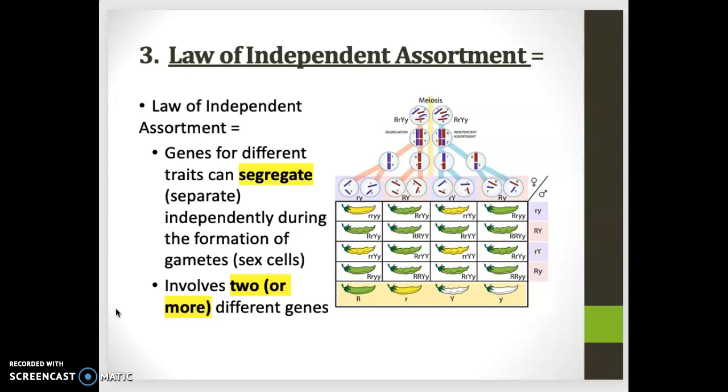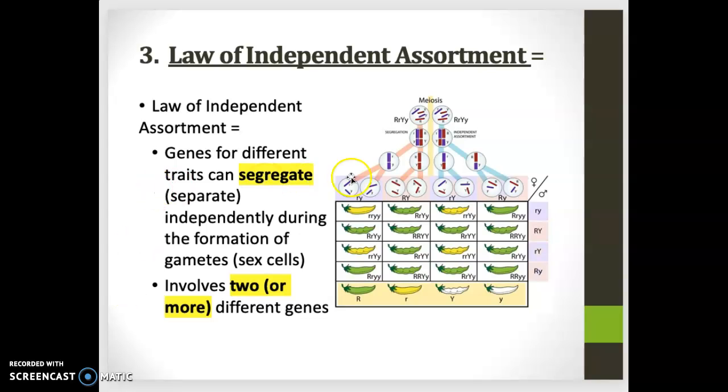But it turns out he was wrong, right? He kind of predicted incorrectly. In fact, these things assort independently from each other. So in other words, the genes for height and the genes that control flower color are not connected. They can make it into a sex cell independently of each other. And again, he didn't really know the mechanism of this. We now know that it's meiosis, right?